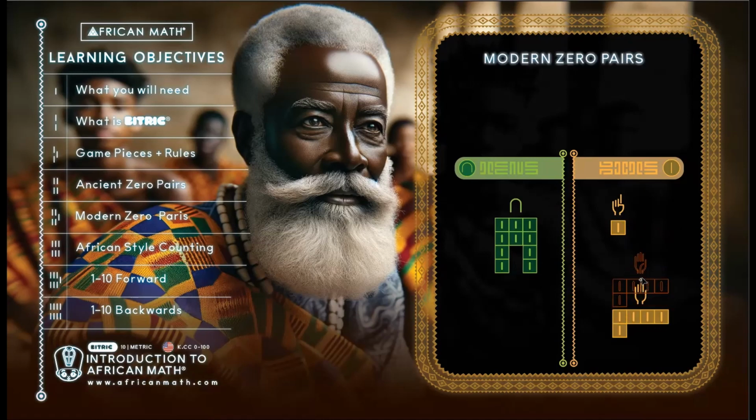So when it comes to modern zero pairs, I showed you the ancient zero pairs. Now we have zero pairs for our modern BITRIC games. The zero pairs are always red in our system.